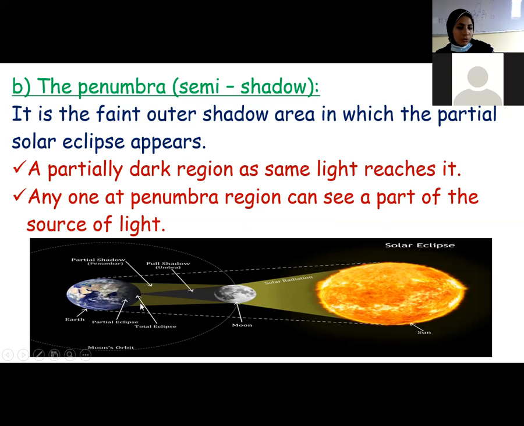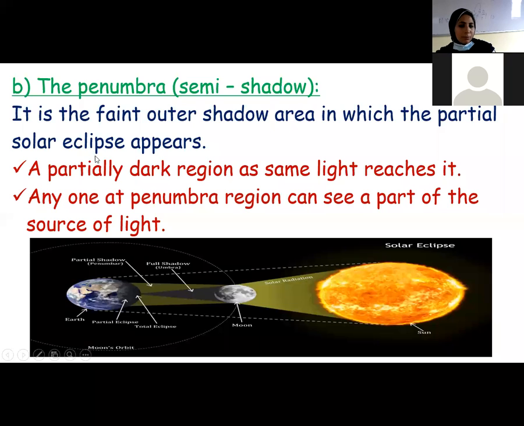In the penumbra shadow, the partial solar eclipse happens because it is a faint outer shadow. Not the dark shadow called umbra, but the faint outer shadow called penumbra. In the penumbra shadow, a partial solar eclipse happens.